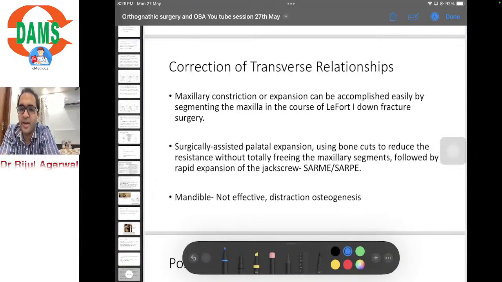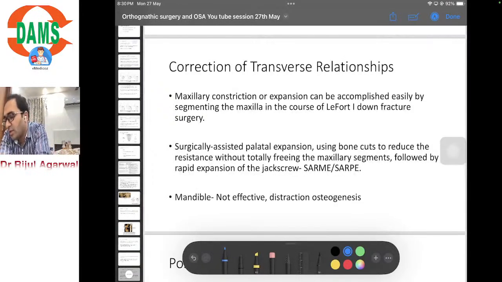In this INI exam also, they gave an image-based question on this kind of appliance. In the OT we cut the mid-palatal suture, and then using implants we fix the appliance in the patient's mouth, and by turning the jack screw, the segments are expanded.